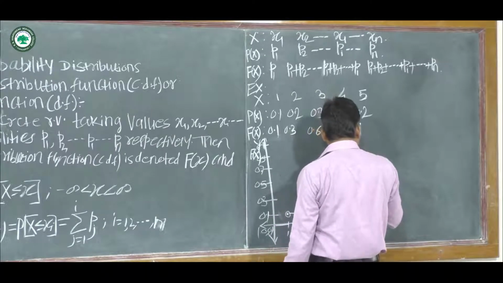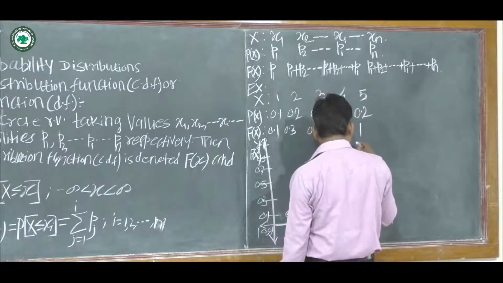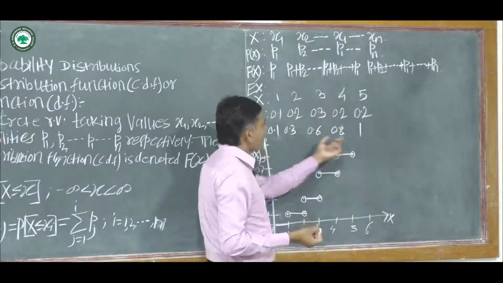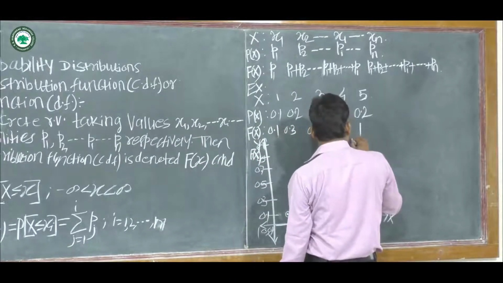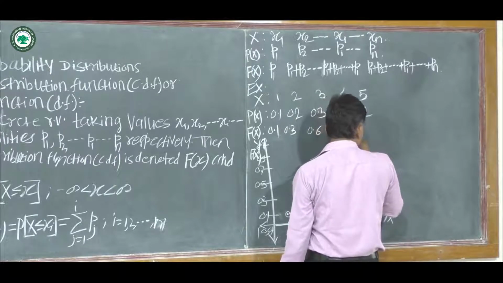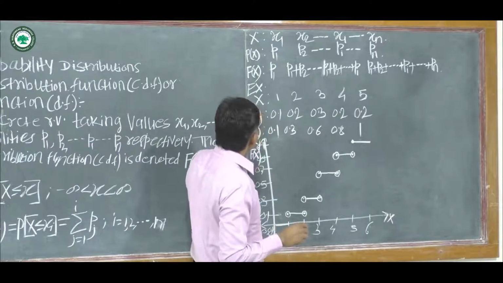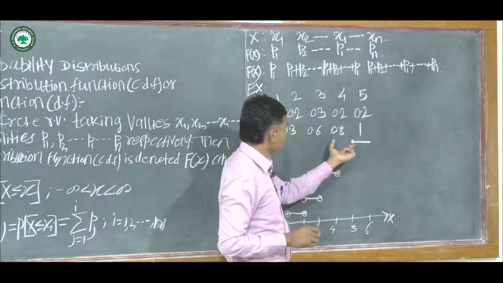And exactly at x equal to 5, the function changes; capital F of x is equal to 1, this point. Then if x is greater than 5, the function is constant.